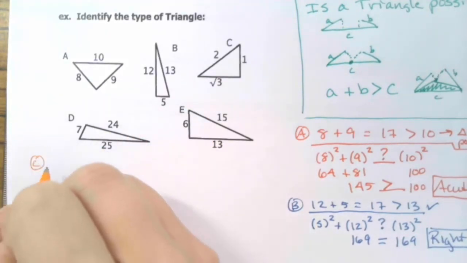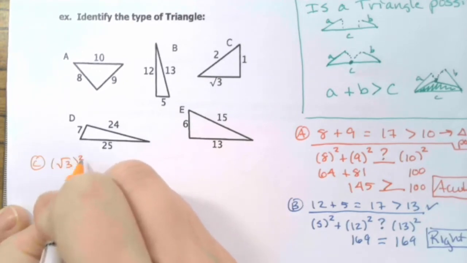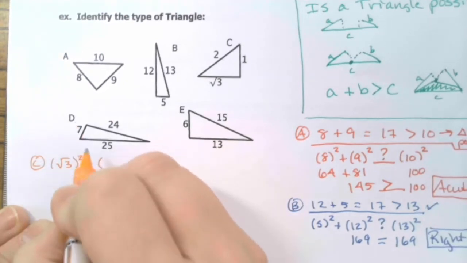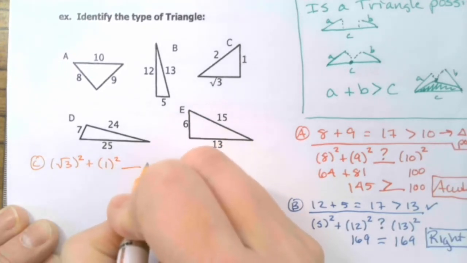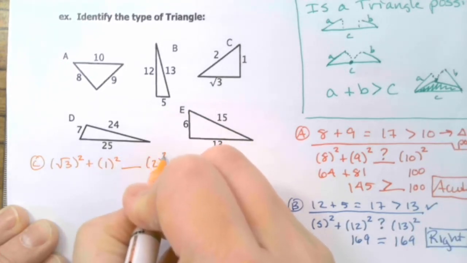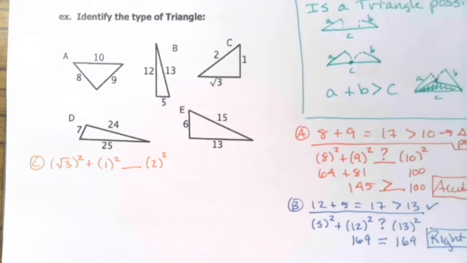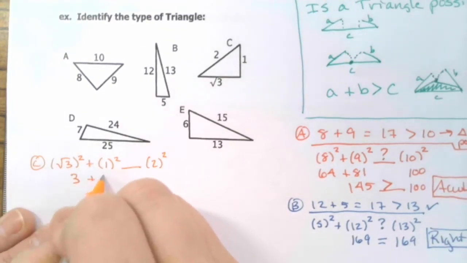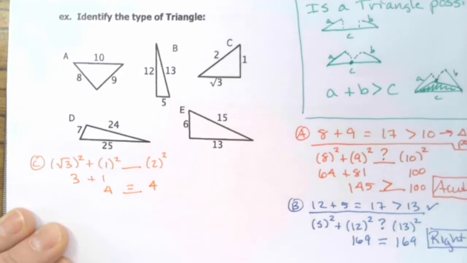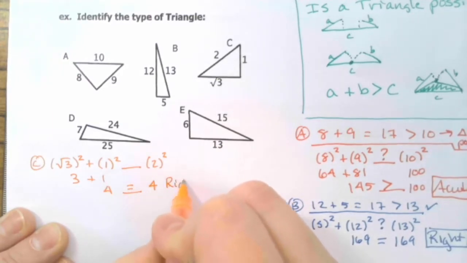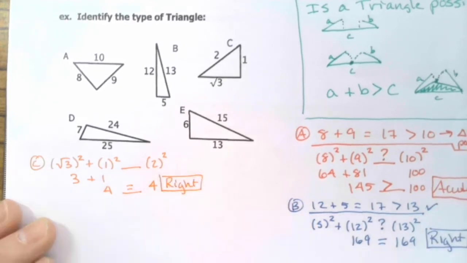We're going to do radical 3 squared plus other small side 1 squared. What is the relationship between that and 2 squared? Well, radical 3 times radical 3 is a 3 plus 1, which is a 4. And 2 squared is 4. They are equal, so you have a right triangle.